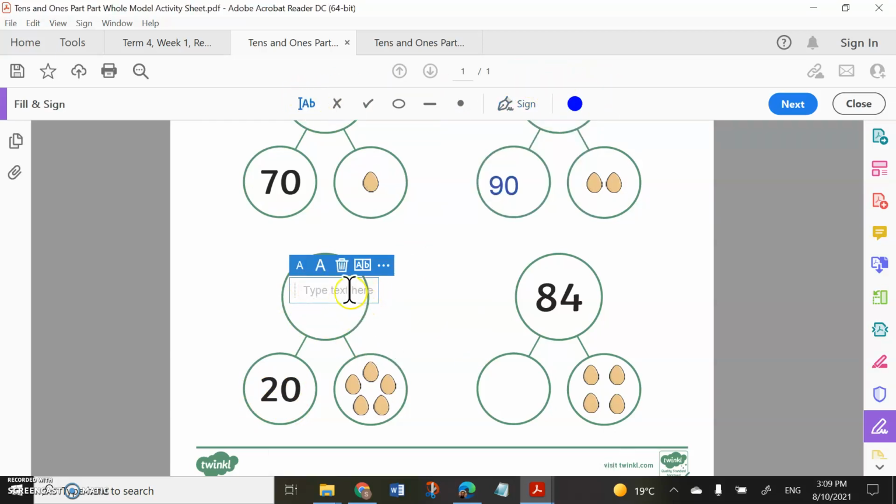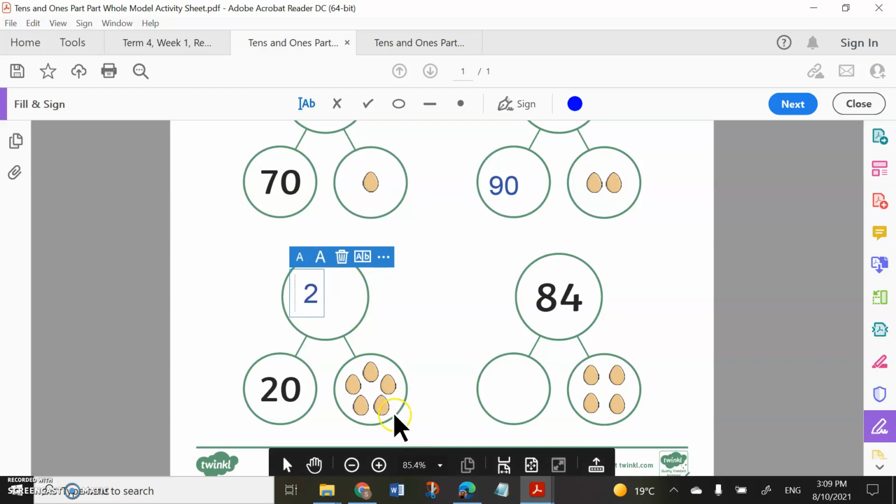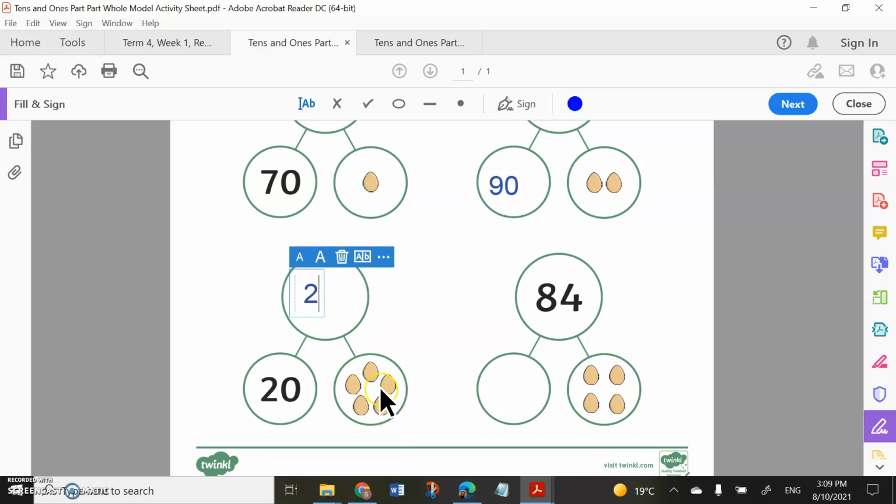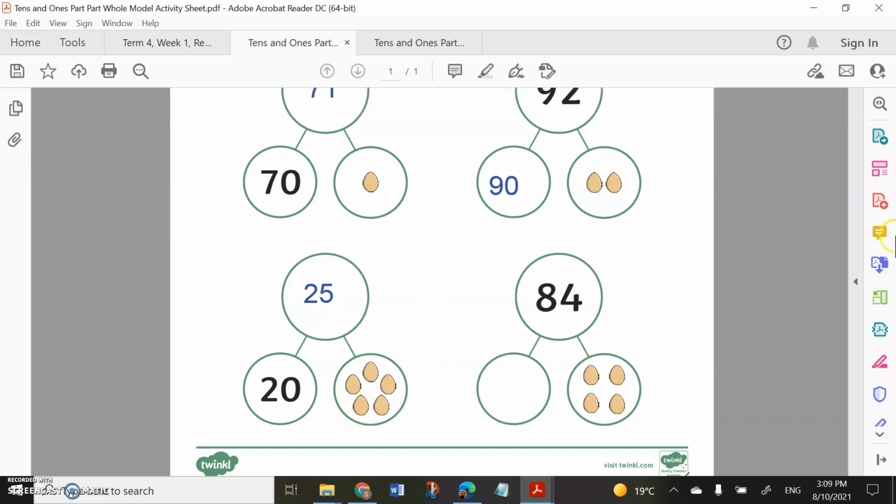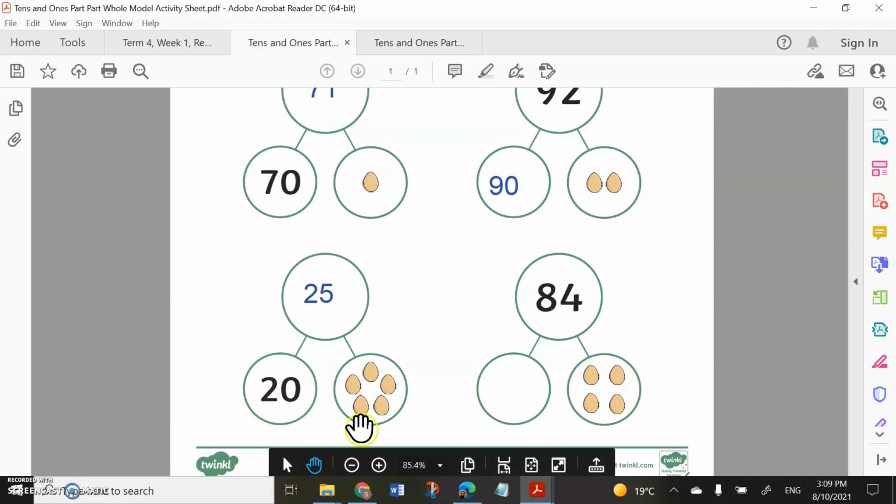So I know my number starts with a 2. And now I need to count my little ones. How many eggies do I have? Let's count them. 1, 2, 3, 4, 5. My number is 25. So 25 is made up of 20 plus 5.